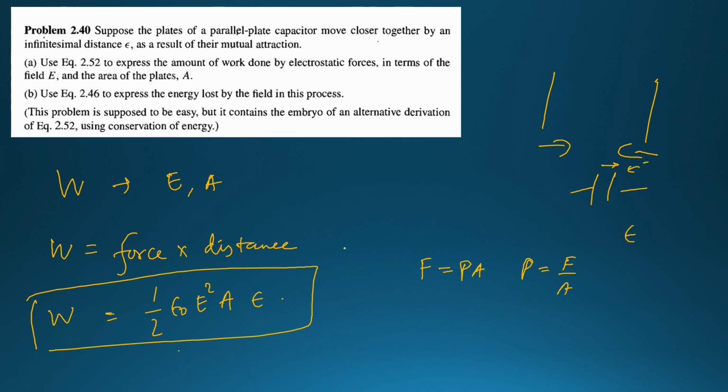So work is pressure into area into distance. Now the energy lost by the field in this process. Energy lost W is equal to what?